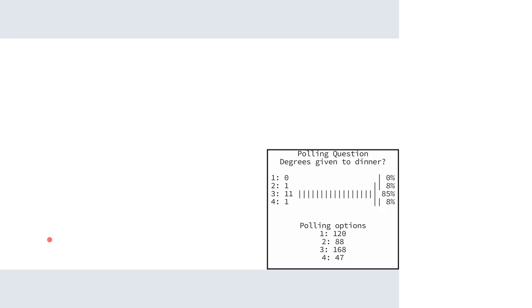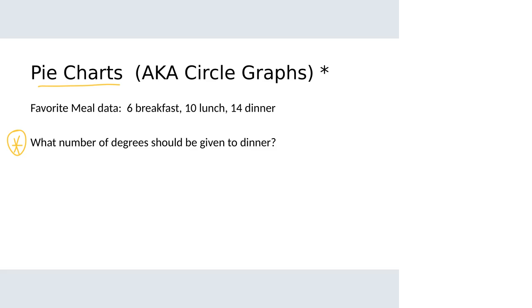All right, let's see how this one went. Okay, not unanimous, but definitely strong agreement. That's good news. Okay, so let's go ahead and take a walk through this one. The data I've been given here is that there is breakfast, which 6 people prefer, lunch, which 10 people prefer, and dinner, which 14 people prefer.